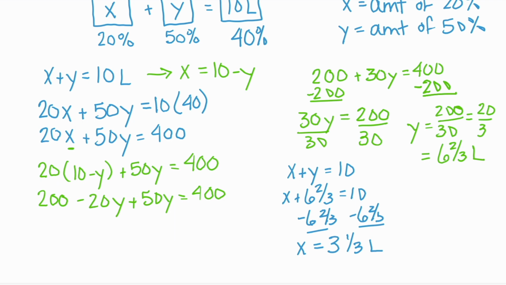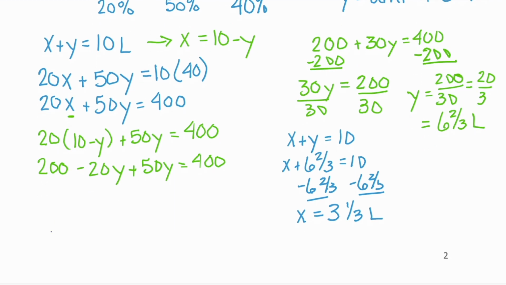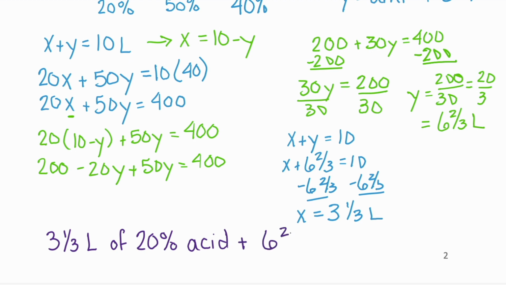Well, X is the amount of 20%, so we can say we need 3 1/3 liters of 20% acid, and we need 6 2/3 liters of the 50% acid. And when we mix those two together, we end up with 10 liters of 40% acid.